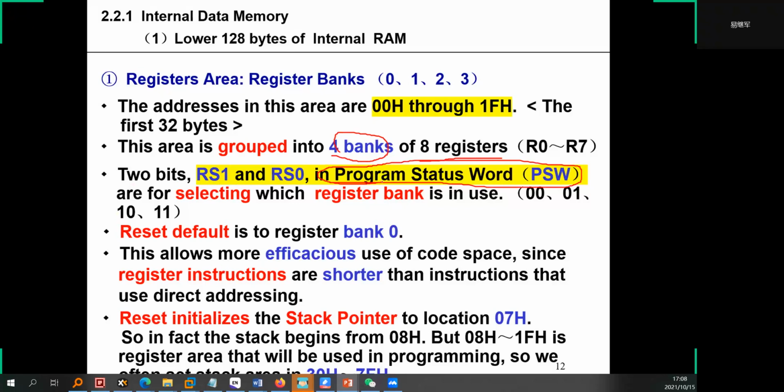There are 2 bits in the PSW register, named RS1 and RS0, for selecting which register bank is in use. 00 is bank 0, 01 is bank 1, 10 is bank 2, 11 is bank 3.